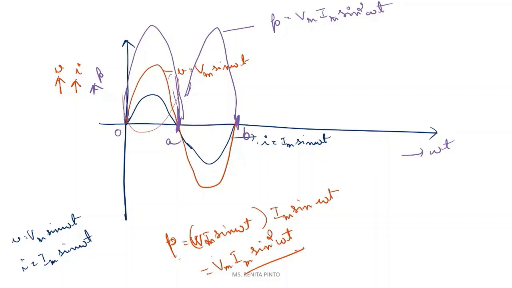And at all the rest of the times the power is positive, but it is never negative. So this is about your AC circuit containing pure ohmic resistance, where the power will never be negative. It will always be positive, and at some instances it will become 0.